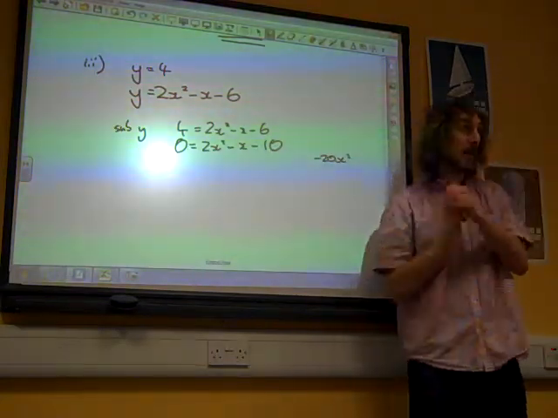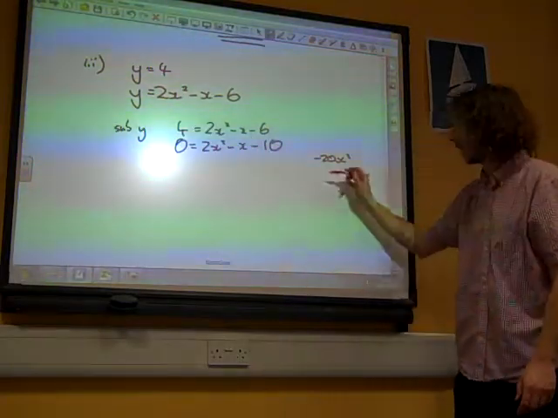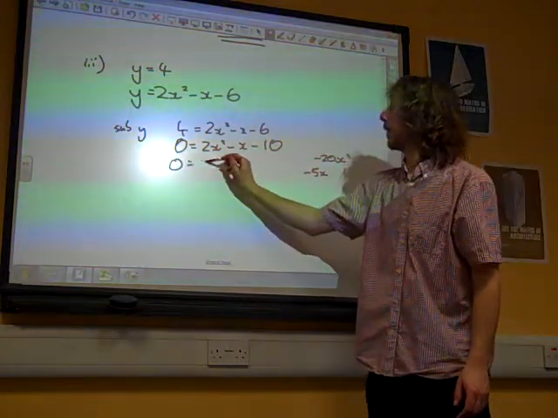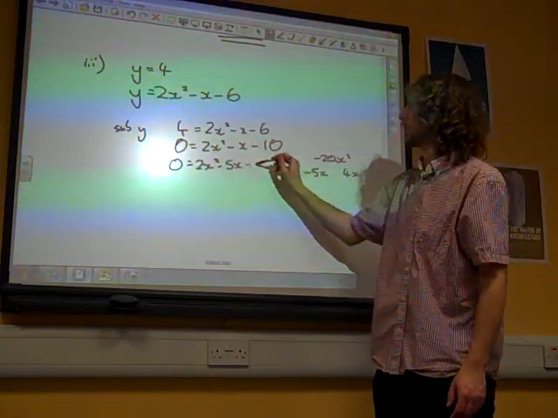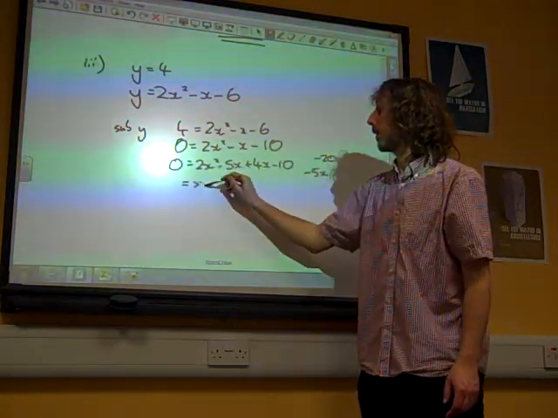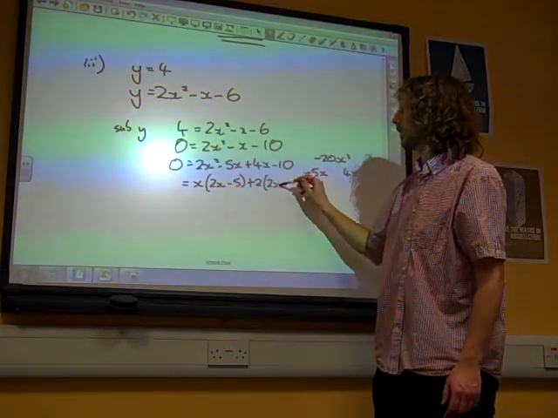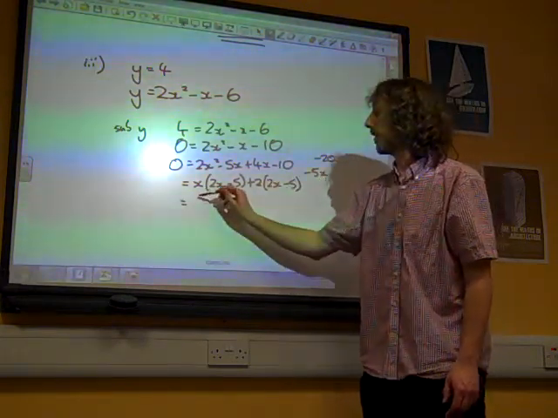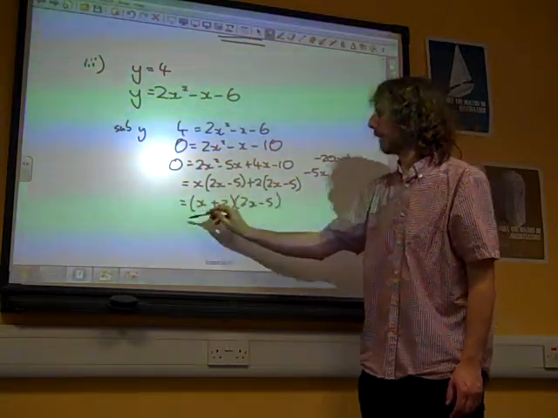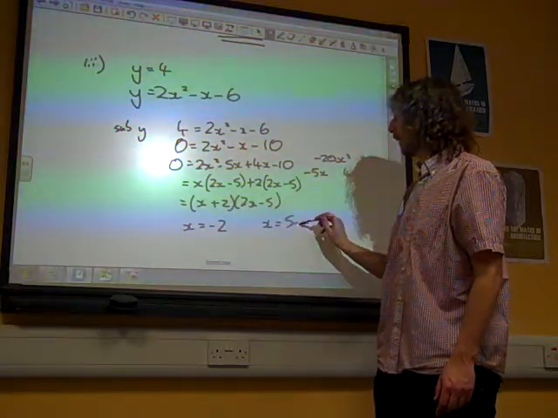Can we think of two things that multiply to give minus 20 and are only 1 apart? Well, yes we can. Minus 5x and 4x would work. So we've got 2x squared minus 5x plus 4x minus 10, which factorises as x plus 2, 2x minus 5. So the x values are minus 2 and 5 over 2.